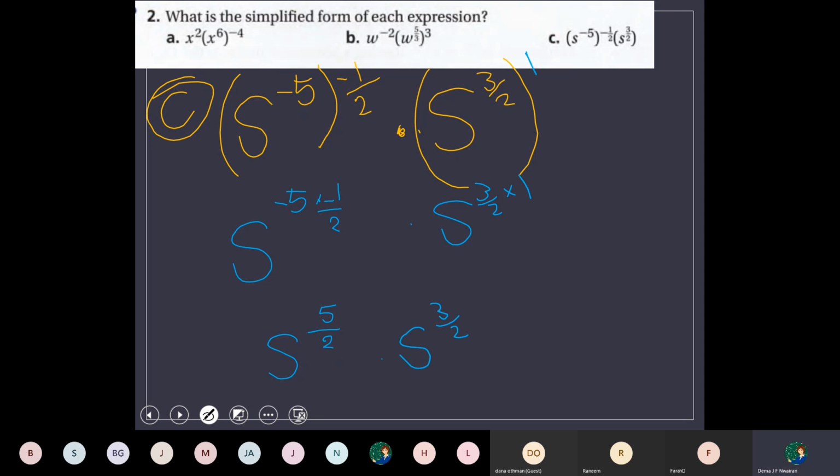Then back to the second lesson: two powers that are multiplied, I will add the powers. 5 plus 3 is 8 over 2, which is 4. So after simplifying, the answer is s raised to the power 4.